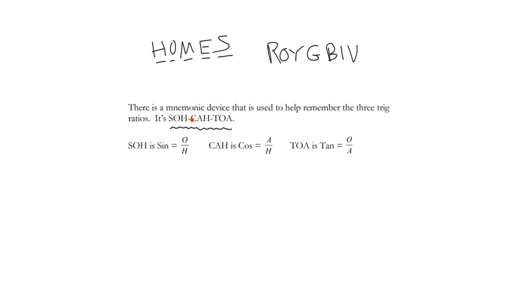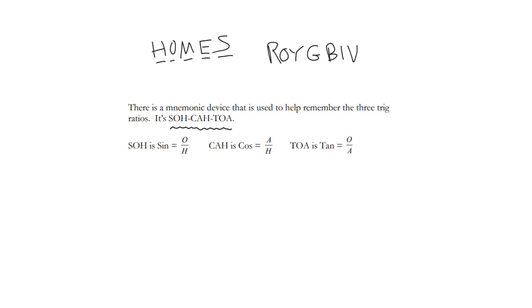And then CAH tells us that the C is the cosine ratio, and the AH, adjacent over hypotenuse. And then the tangent ratio we know is opposite over adjacent. So TOA. It just helps us remember which is which, because otherwise sometimes it's hard to remember.